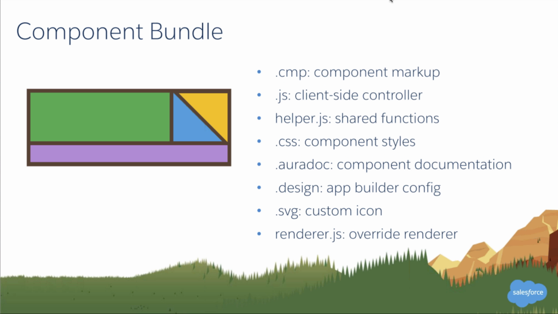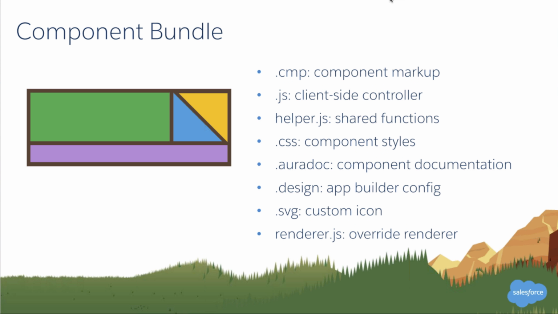And then the design file is something that's really, really cool. This is where you take all of that great work you've done as a developer, and you now are extending that capability to the non-developer, the admin. So the design file, the way that works is you create configuration parameters.